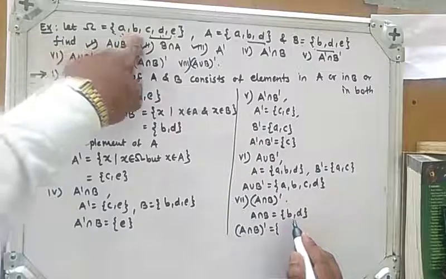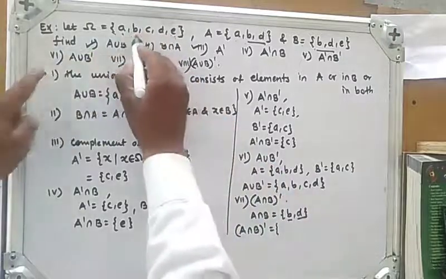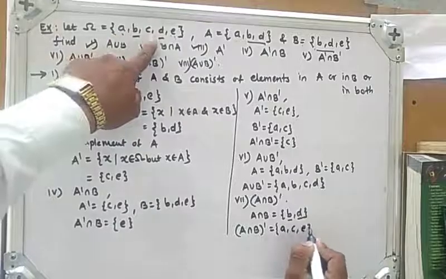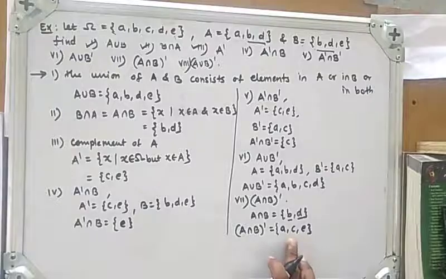We will not take elements B and D, so we will get the remaining elements A, C, E. So these are the only three elements in A intersection B complement.